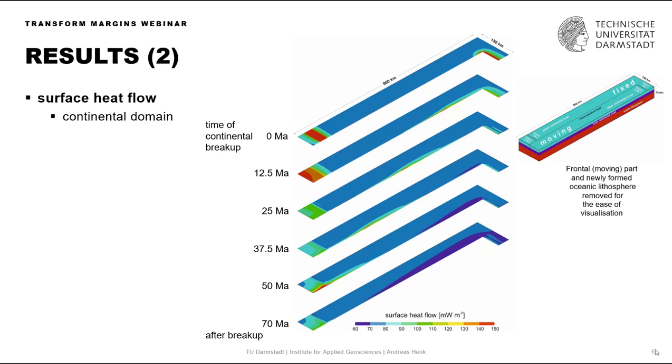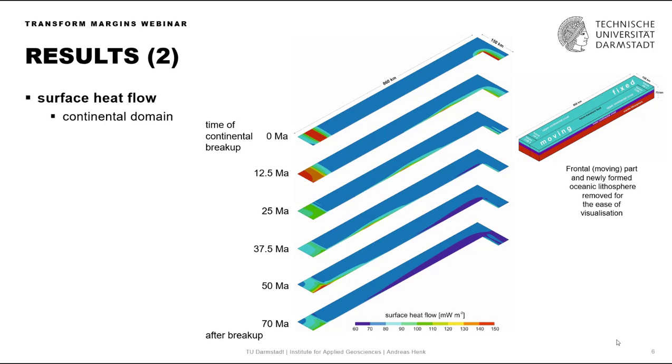During the subsequent activity of the ocean-ocean transform, surface heat flow values in the entire continental domain undergo a progressive decrease due to thermal equilibration. In a strip parallel to the boundary of the transform margin, this region here, heat flow values even lower than those that existed prior to rifting can be observed.